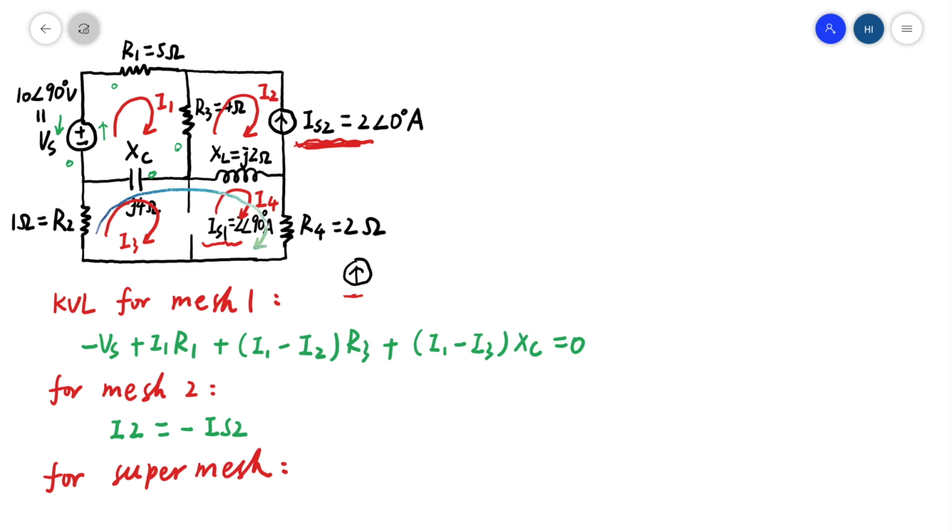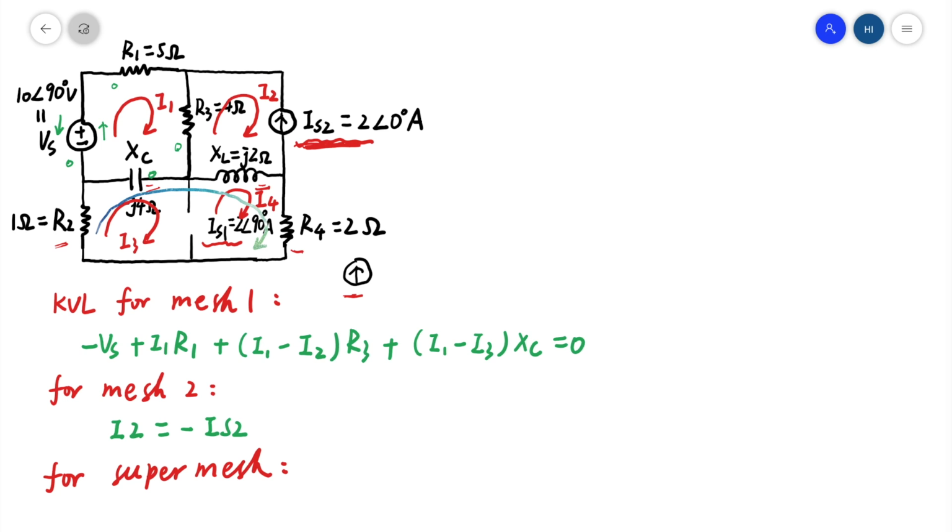We can see there are four elements in total in this super mesh, but here we should pay attention. For R2 and the capacitor, we should use the I3 mesh current to list the equation. And for the inductor and R4, we need to use the I4 mesh current.